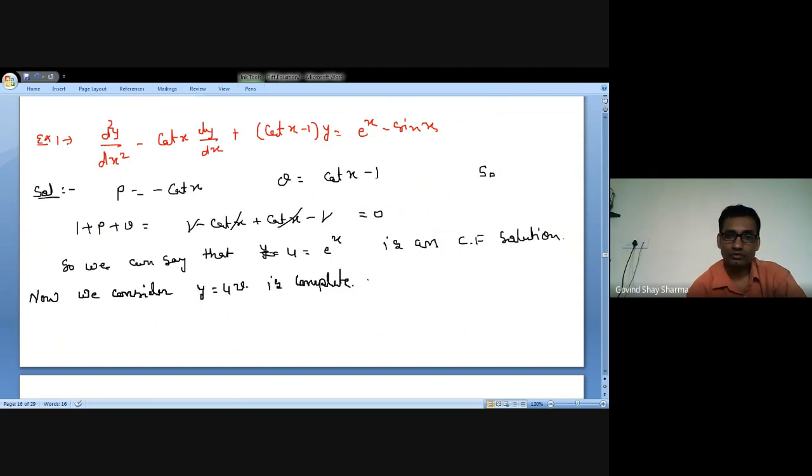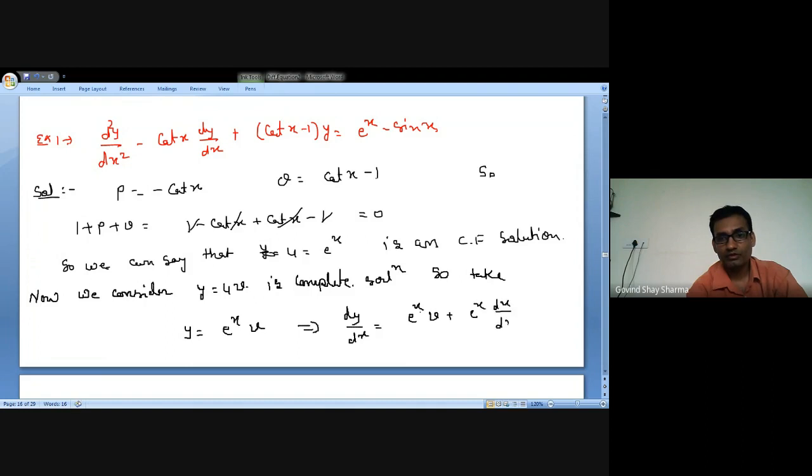Complete. So take y equals u v, with u equals e to the power x, which implies dy upon dx. Differentiation is e to the power x v plus e to the power x dv upon dx.